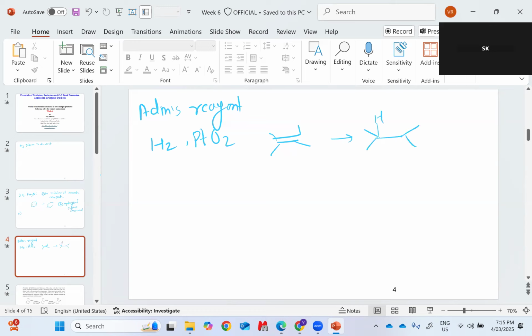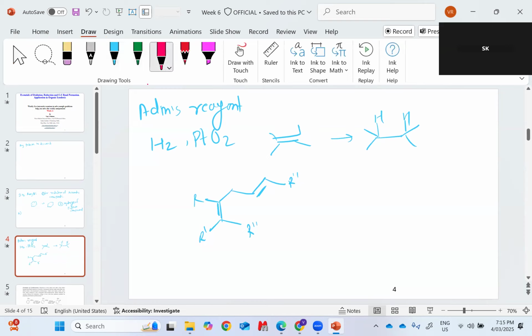But in this case, if you have an example which has two different sorts of double bonds, let's take this one as an example. Here we have R and R dash, which are different alkyl groups or aryl groups. If you use this Adams reagent, it will prefer the reduction of the less substituted double bond first.